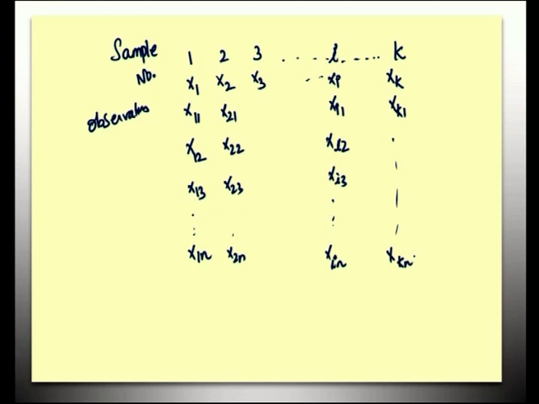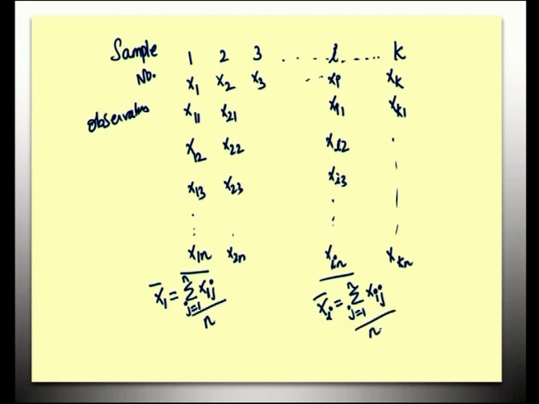When you talk about the mean of the first sample, x1 bar is equal to summation of x1j. The 1 is fixed here and the second suffix j ranges, and how many items are added? n items are added, therefore j equal to 1 to n. So in general, xi bar is summation of xij, where the first suffix i is fixed and the second suffix j ranges, divided by n.